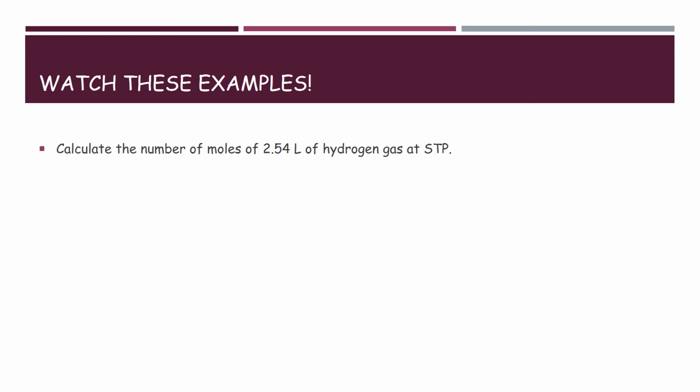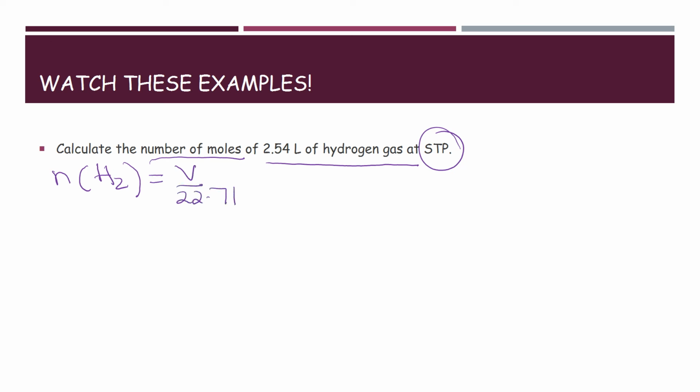Now let's try an example. We've been asked to calculate the number of moles of 2.54 litres of hydrogen gas at STP. Like any stoichiometry, I'm going to tell my marker exactly what I'm doing. I'm going to find the number of moles of hydrogen gas is equal to V over 22.71.